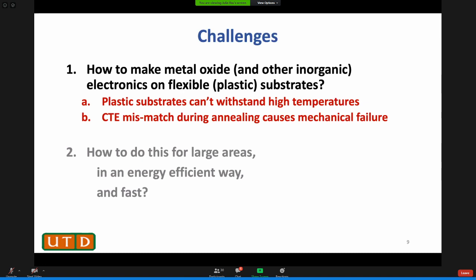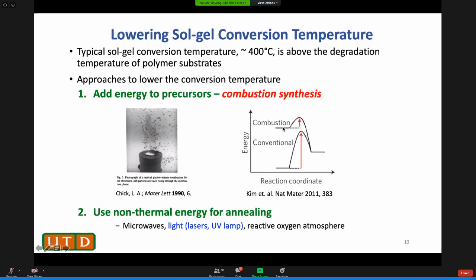But combustion, you add fuel and oxidizer into your precursor. So you start at a higher level, so you have a lower barrier to go through. So that's one way. Another way is using non-thermal energy. So this includes microwave, light, using laser, UV lamp, or reactive oxygen atmosphere. So today I'm going to focus on using light.